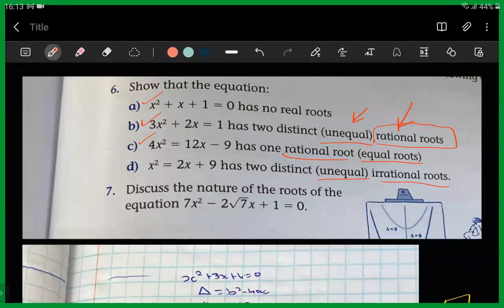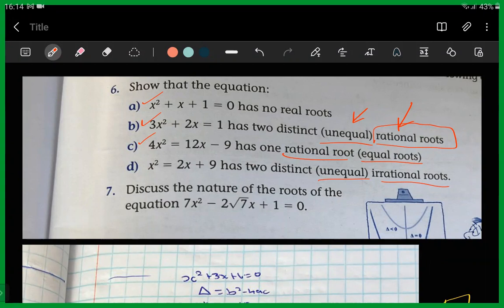Let's see what we have here. With number 7, it says discuss the nature of the roots of this equation. So you have to determine what kind of roots we're dealing with.